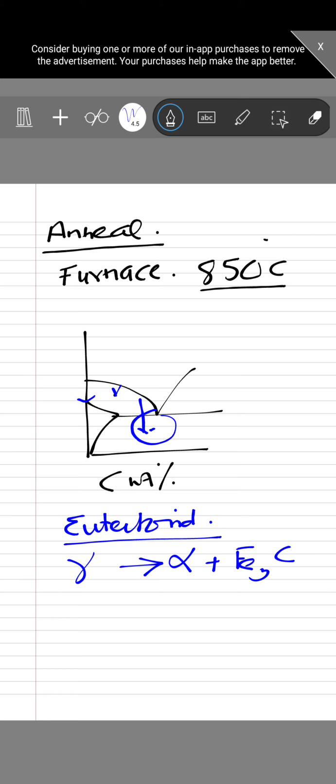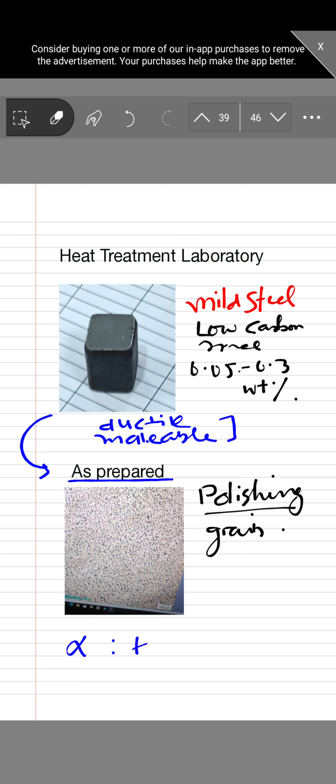In the case of the as prepared sample, which has not undergone any heating, you can see that it consists of some white and dark spots. The white ones are ferrite, having a BCC structure, and the dark ones are pearlite. They have a lamellar structure.